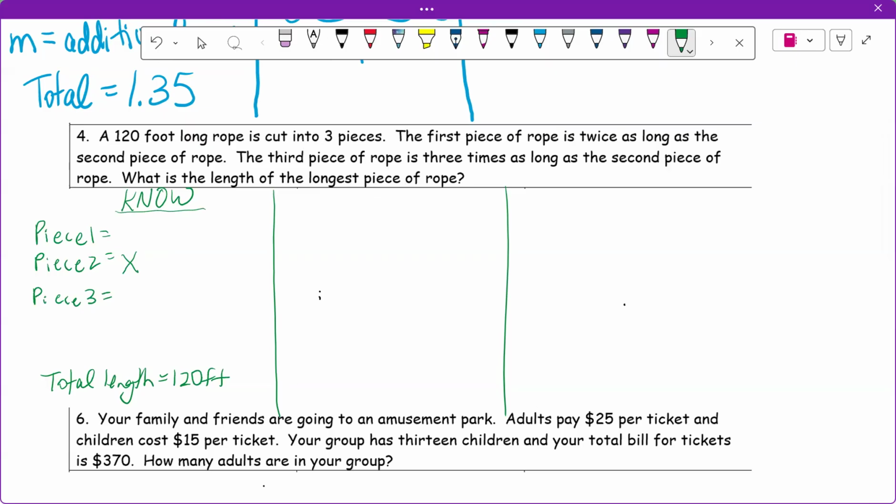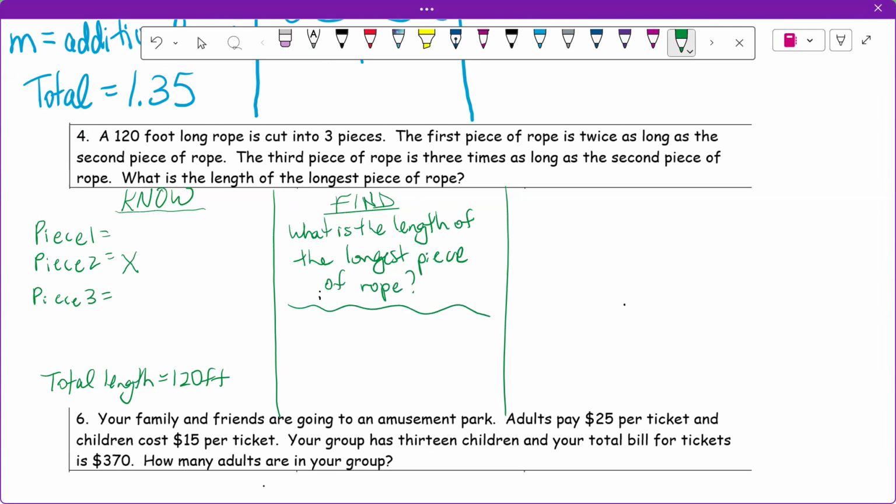Middle box, what is the length of the longest piece of rope? So our find box, what is the length of the longest piece of rope? Now, we have to really fill in piece 1 and piece 3 in our know box to figure that out. So here it says the first piece of rope is twice as long as the second piece of rope.